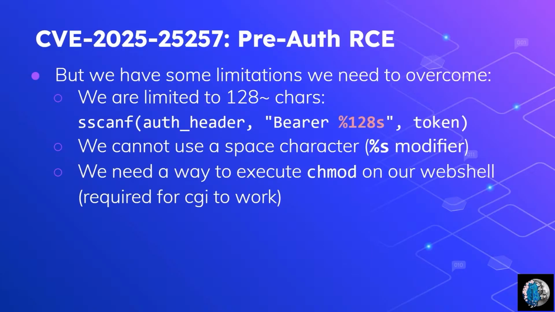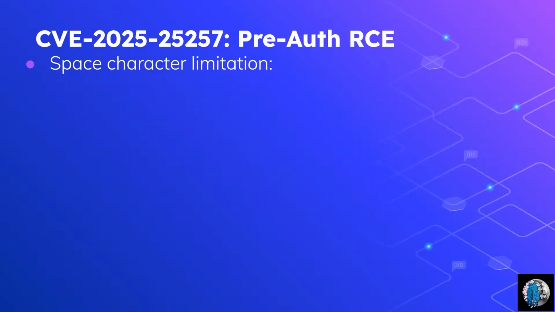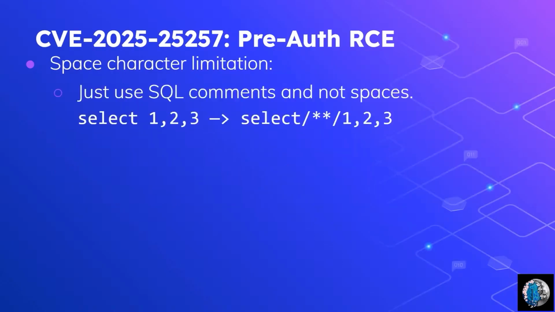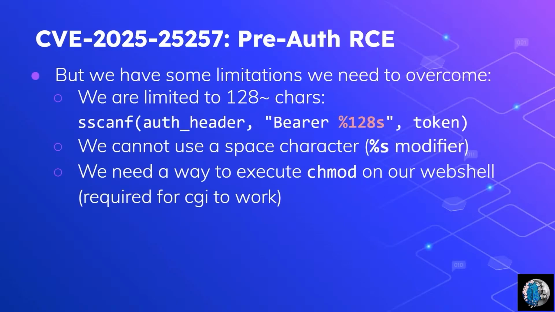Even if you can write a file to the CGI bin directory, which I did in the beginning, it didn't work when I tried to access it, because mod CGI wants the executable bit set on that file. So you need to execute chmod before starting to use the web shell. Now we will break down those three obstacles one by one.